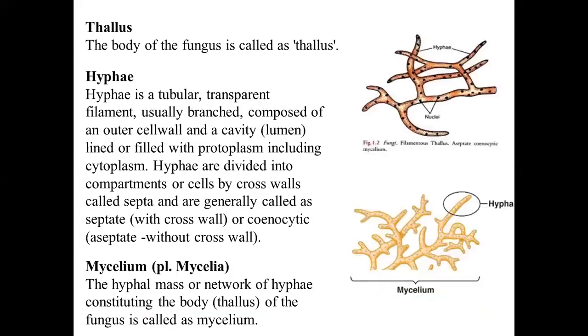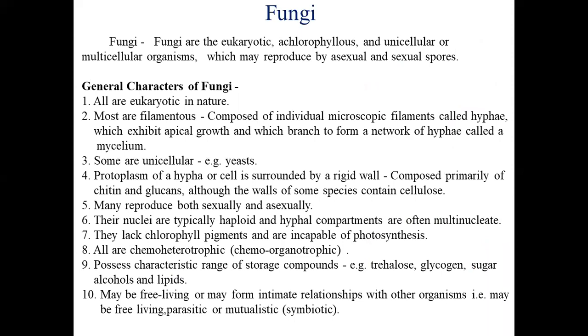So this is about the topic of the general character of fungus. There might be a question like a definition: define fungi and write down the general characters of fungi in detail. So you have to write these 10 characters.